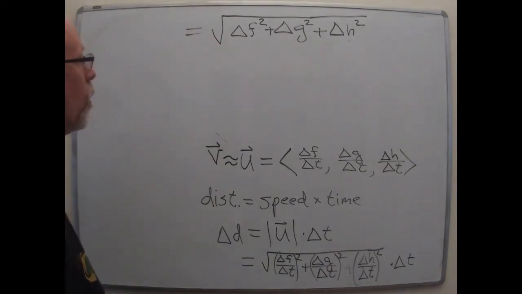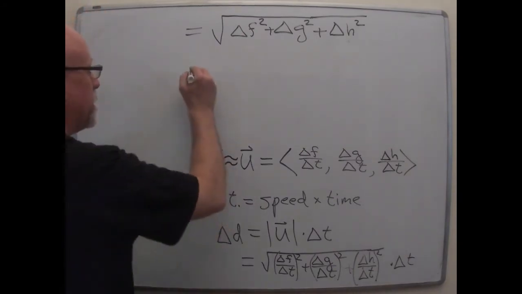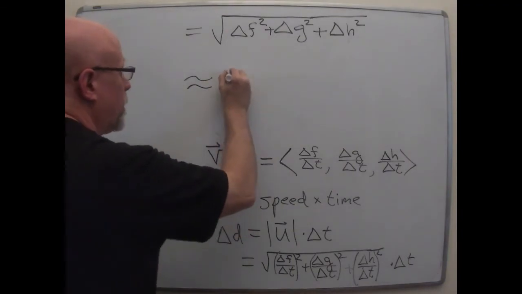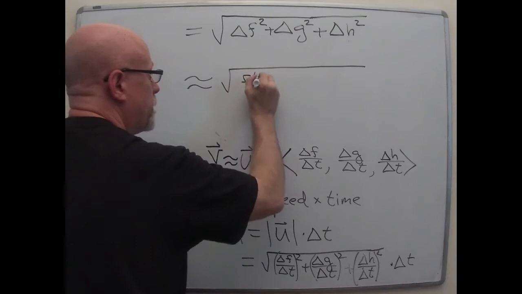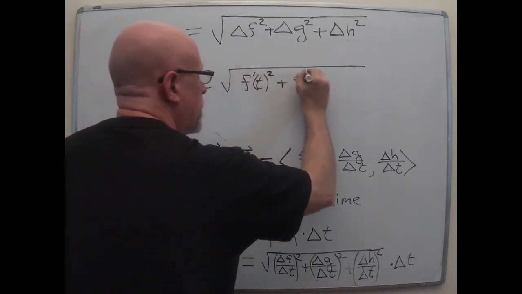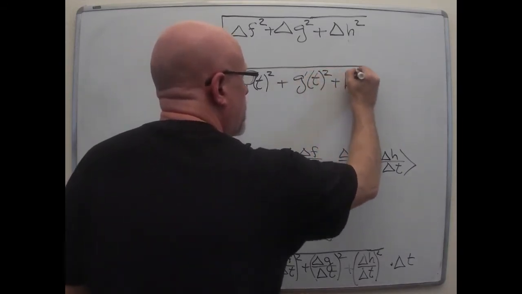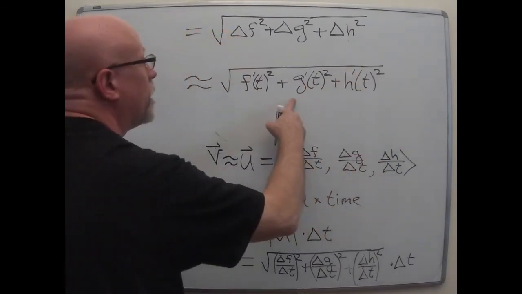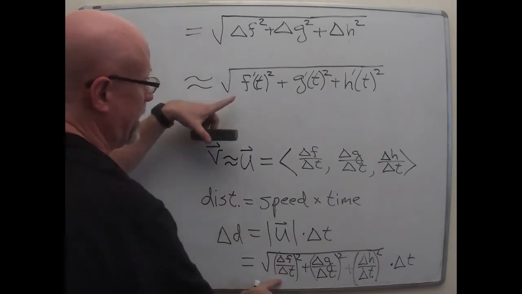Well, that's the thing that we move to the limit in, and we get that this is approximated rather closely by the square root of the derivatives, f prime at t squared, g prime at t squared, and h prime at t squared. Of course, in this form, I have reintroduced dividing by, well, now it's dt.